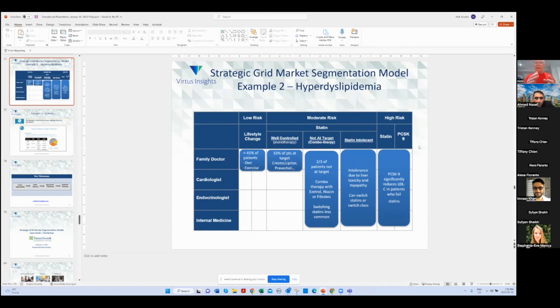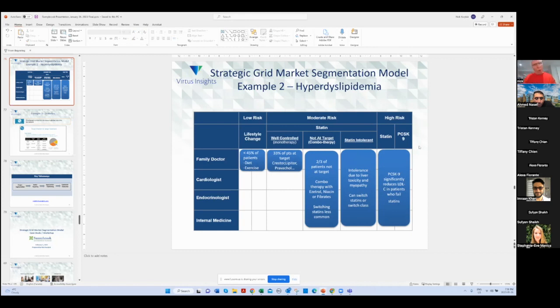Based on various events that you learn in the marketplace, it could be a press release, it could be your knowledge from clinicaltrials.gov, it could be just a new product launch that's out there.